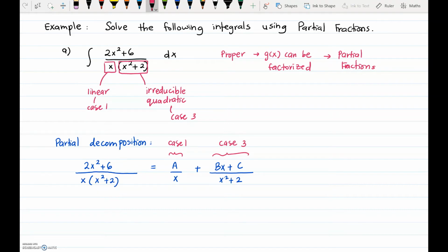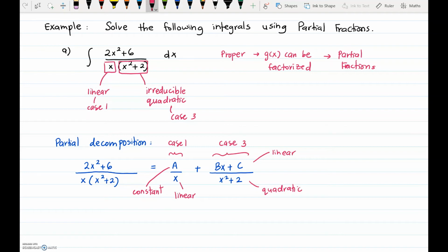Remember, if your denominator is a quadratic, then your numerator will be a linear function. If your denominator is linear, where the power of x is 1, then your numerator will be a constant.